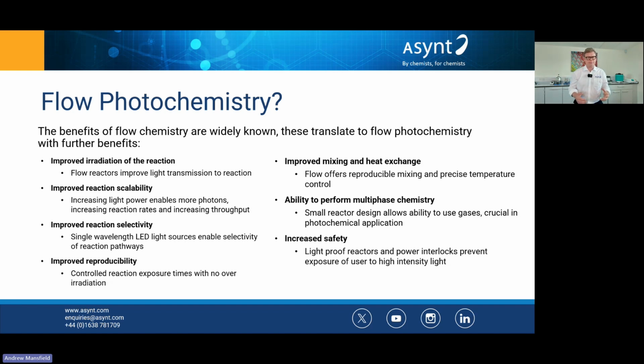Reproducibility is interesting. In a batch reactor, we're running under kind of turbulent conditions, which means it's really difficult to repeat the batch conditions exactly. We have concentration and thermal gradients and radiation light gradients in this example. Flow chemistry techniques give us that reproducibility.